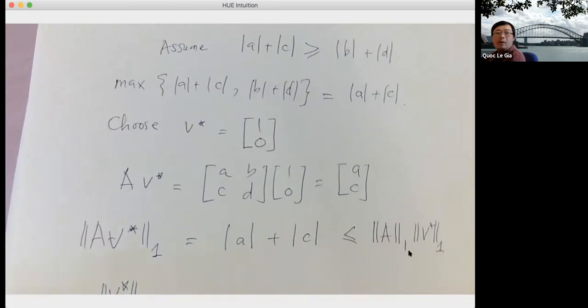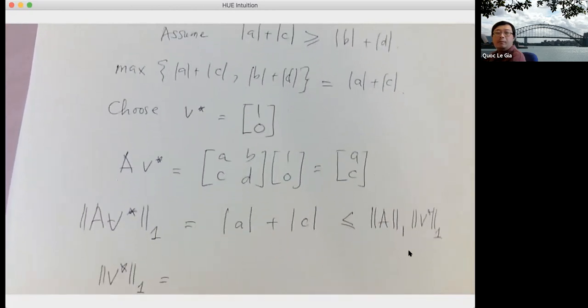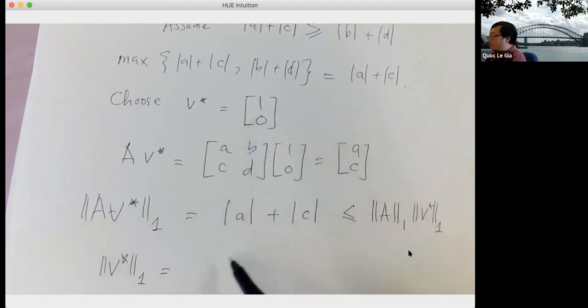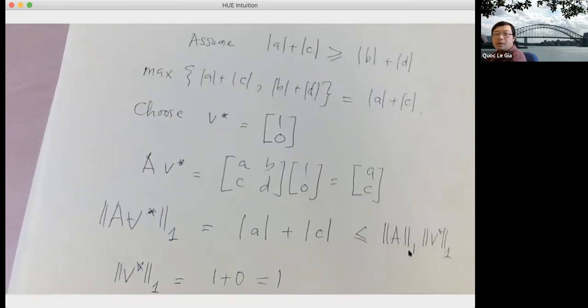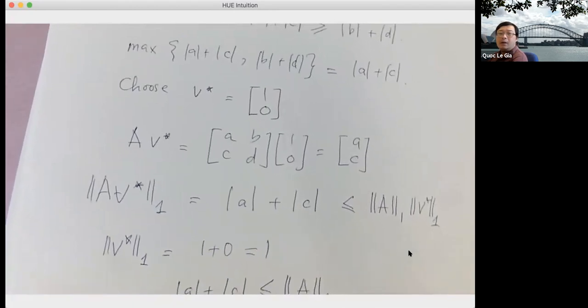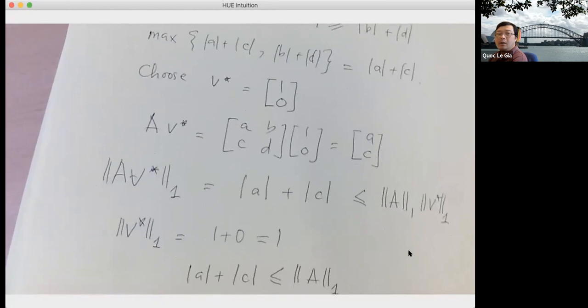Remember v star is just 1, 0, so 1 plus 0 just equals 1. So the consequence is you have a plus c in absolute value less than or equal to the norm of A in the one norm, since the v norm is just equal to 1.